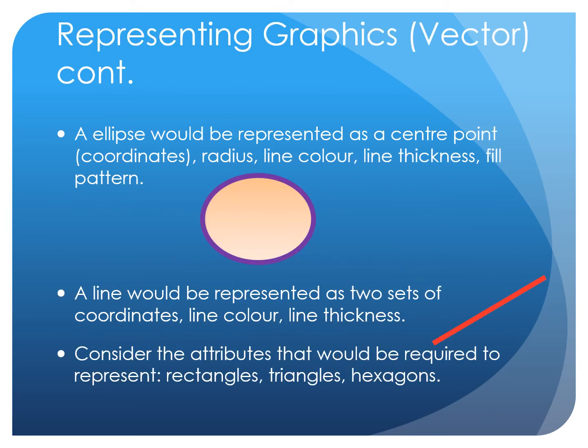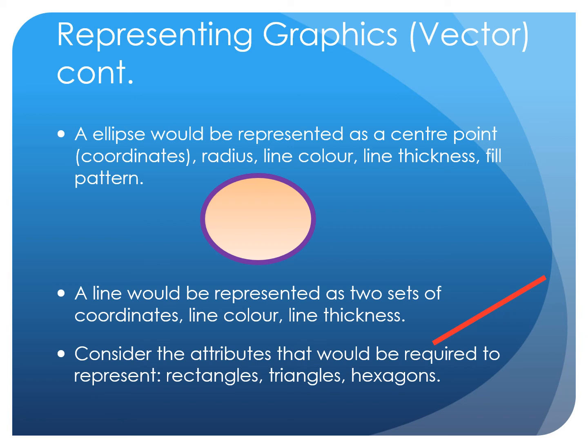Let's look at a couple of examples. Our first example would be an ellipse. The ellipse would be the object. This object would have a series of attributes associated with it. For example, a center point and a radius.